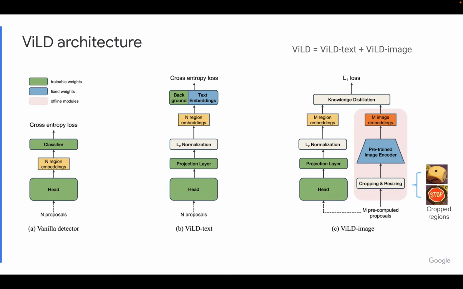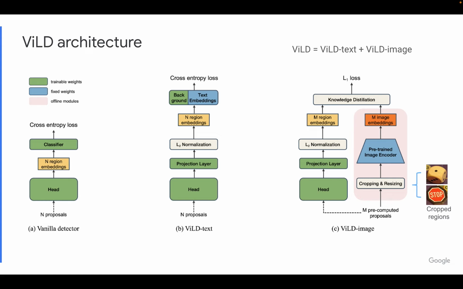We first crop and resize the pre-computed region proposals, and feed them into the pre-trained CLIP image encoder to obtain the image embeddings. We call this method WILD image, and this knowledge distillation is trained with an L1 loss.